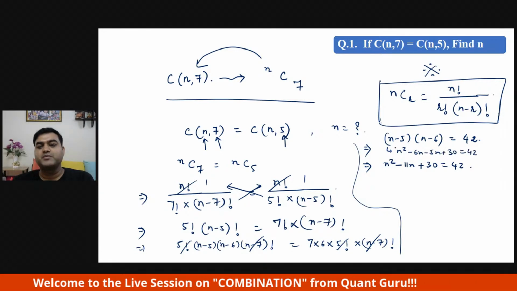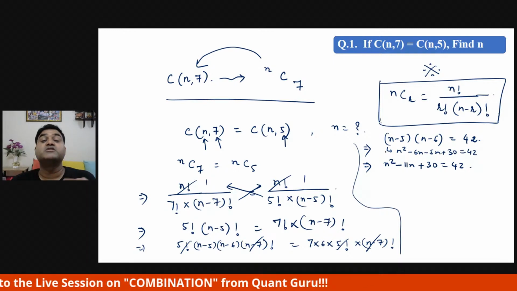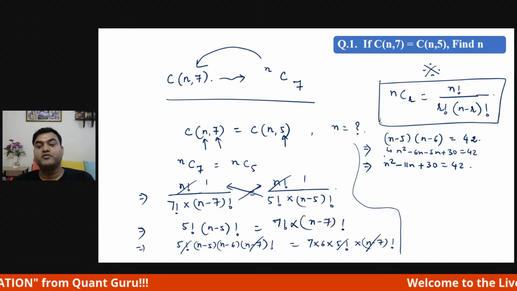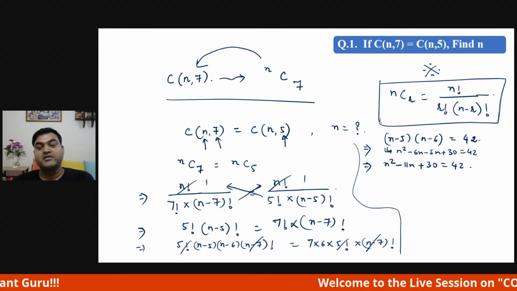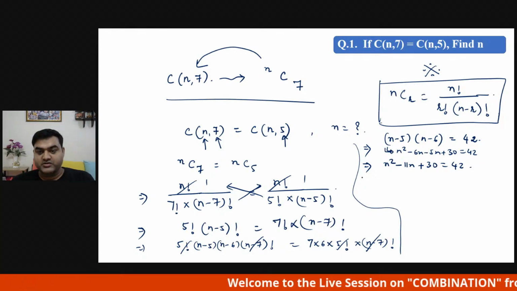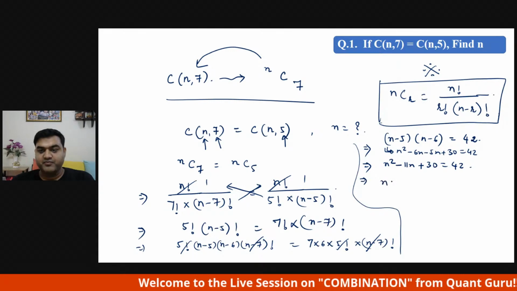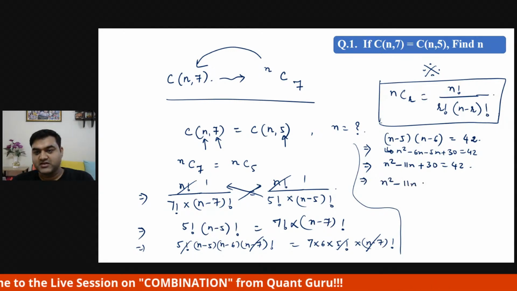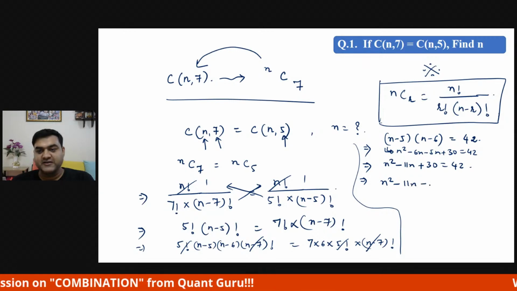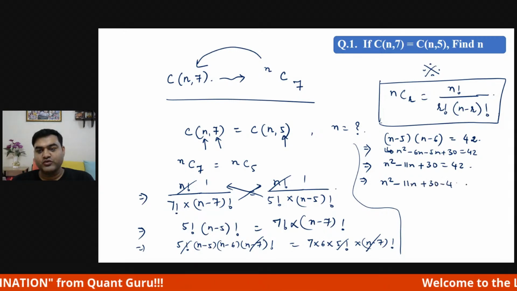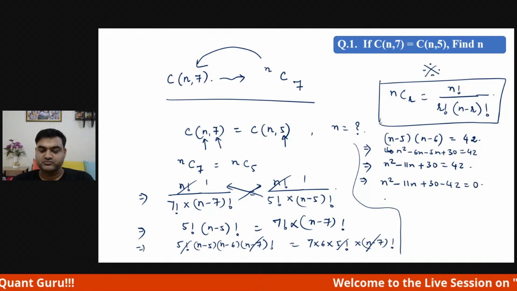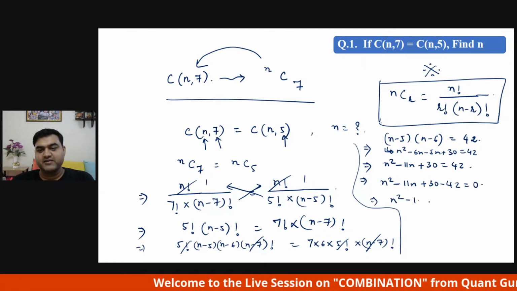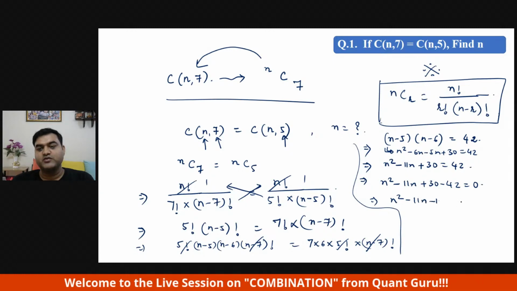So this part I have skipped. Why? Because we need to be a little speedy, right? Though it is taking time, we need to eliminate a few of the steps. How can you eliminate? By practice, right? Okay, so that means n square, this 42 will come to this side, minus n square minus 11n plus 30 minus 42 is 0. That means n square minus 11n minus 12 is equal to 0.